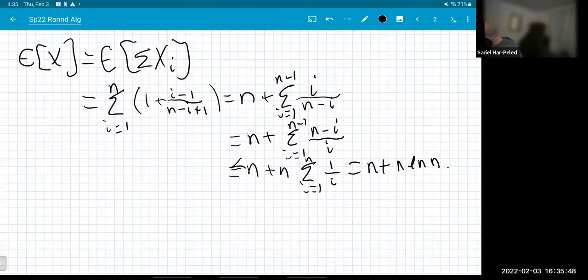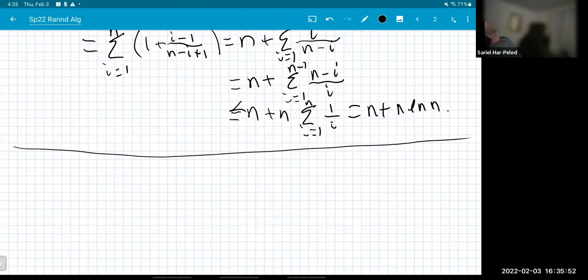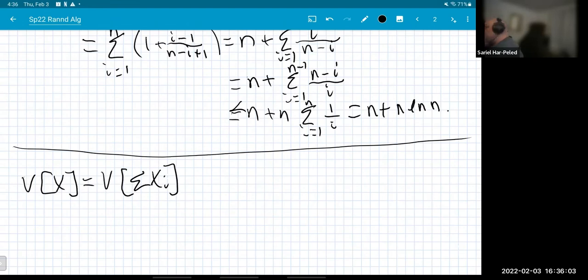So now we can also compute the variance. The variance requires some more work. So the variance of x, this is a variance of a sum of independent variables, right? This is really why we did it. We used the xi because the xi's are independent, which is very nice.